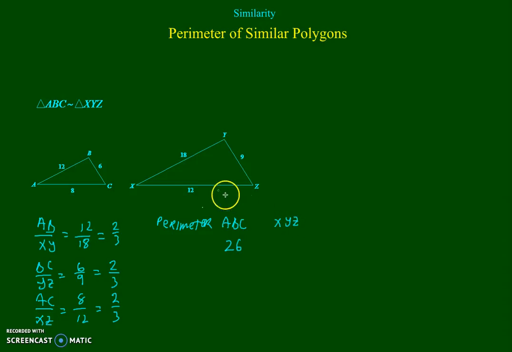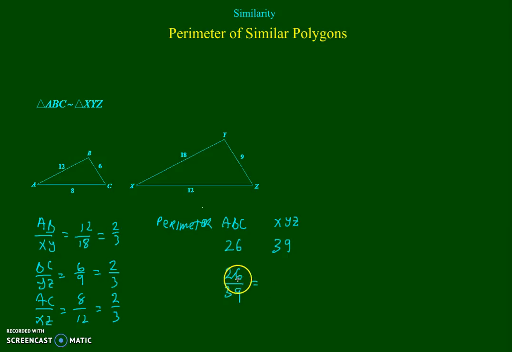And the perimeter of XYZ is 18 plus 9 plus 12, 39. Let's take a look at the ratio. Since we've been using the values from triangle ABC first, we'll put 26 over 39.